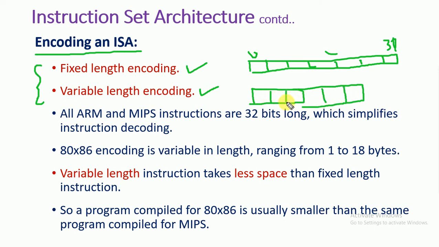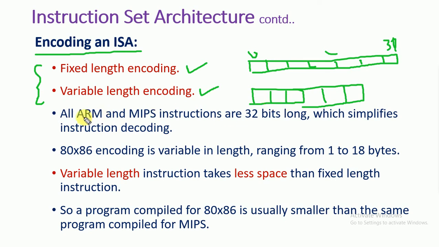Variable length encoding is the better mechanism because it saves memory according to the size of the instruction. With fixed length encoding, the problem is that the size is always fixed, whether the instruction is smaller or larger.